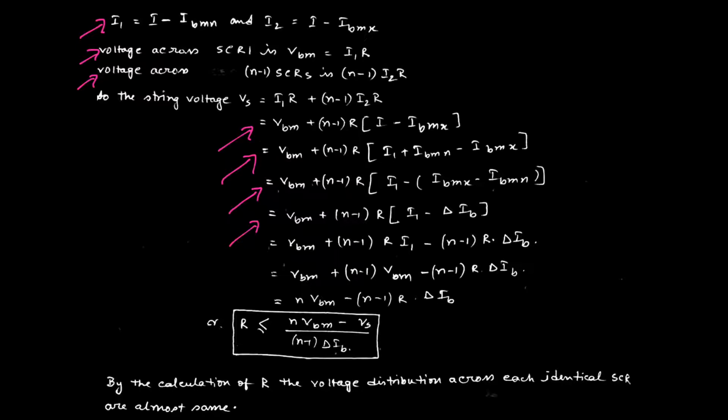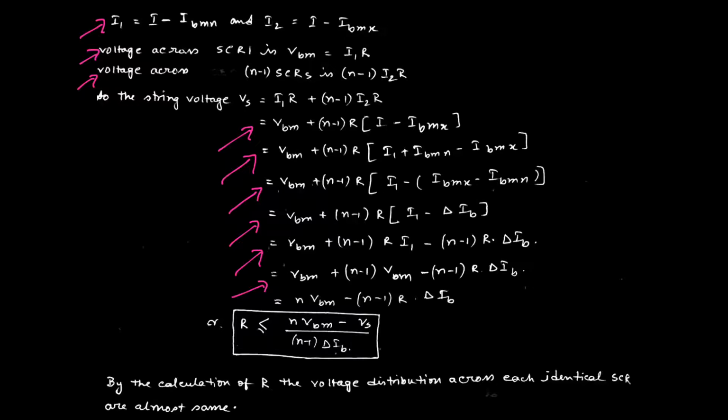So we can rewrite the expression again, VBM plus (n minus 1) R I1 minus (n minus 1) into R del IBM. I have multiplied the term in the bracket. That is why after simplification, again we can rewrite the expression like VBM plus (n minus 1) VBM minus (n minus 1) into R del IB.